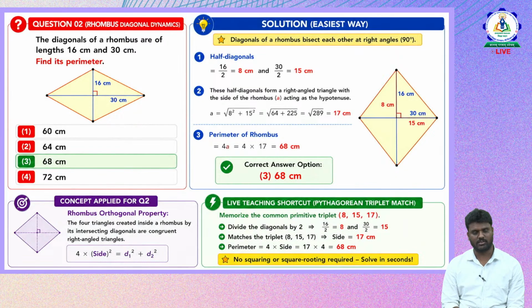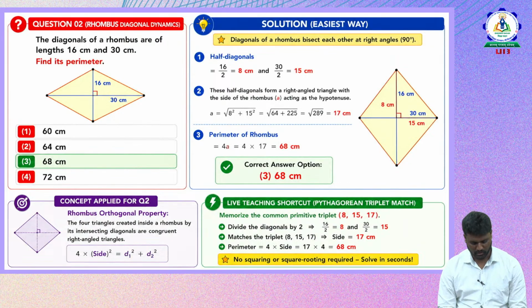This is based on the concept of the rhombus again. The diagonals are given, and we need to identify the perimeter. The options are: option 1 is 60 centimeters, option 2 is 64 centimeters, option 3 is 68 centimeters, option 4 is 72 centimeters. The two diagonals are given, and we need to identify the perimeter.